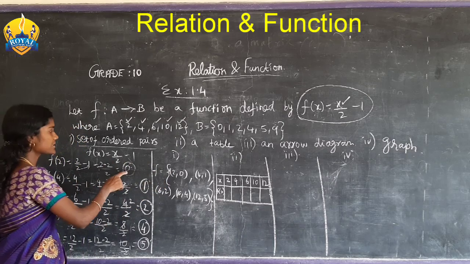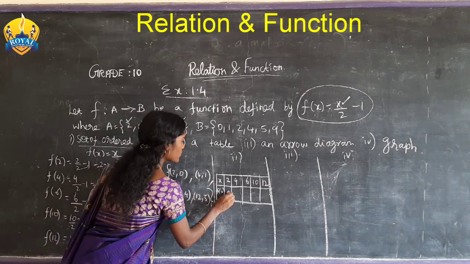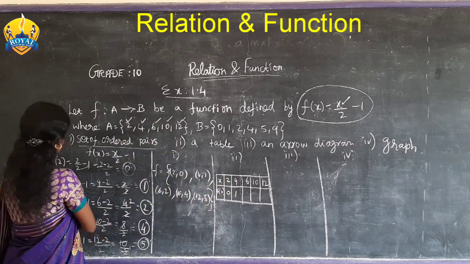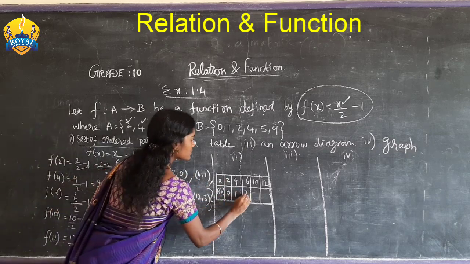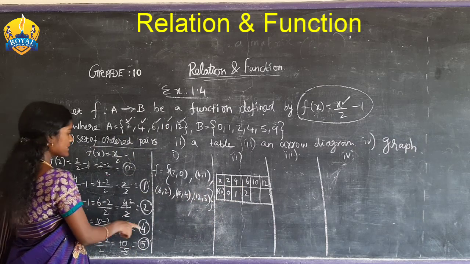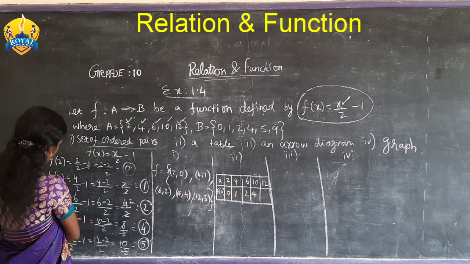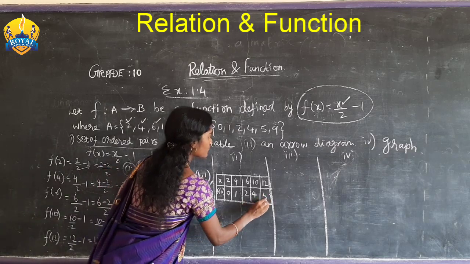For 2, the answer f of x is 0. For 4, the answer is 1. For 6, the answer is 2. For 10, the answer is 4. For 12, the answer is 5.